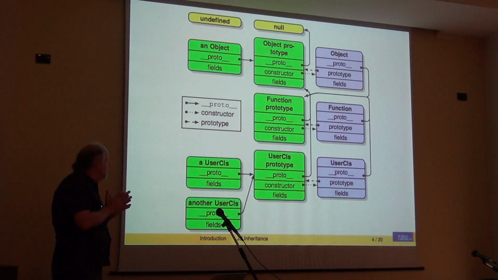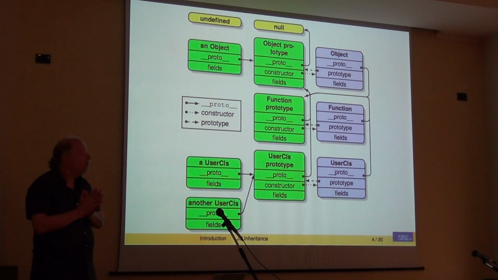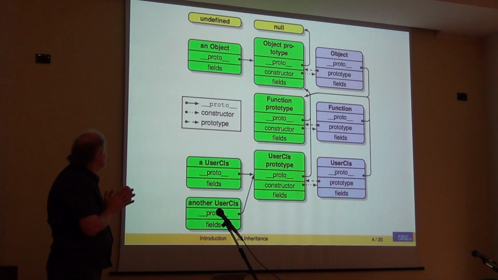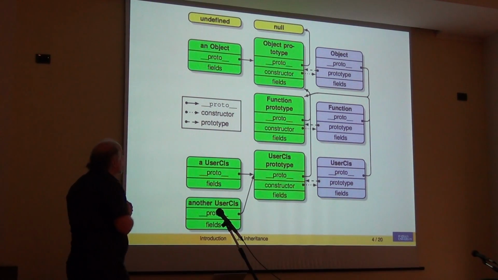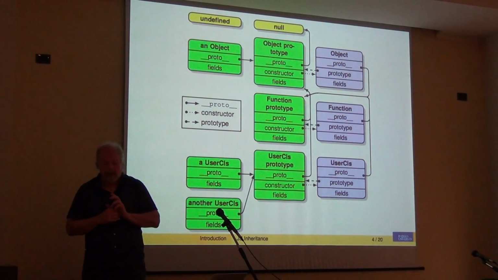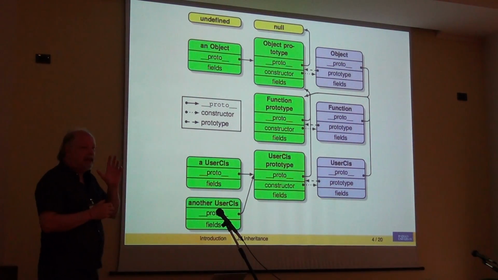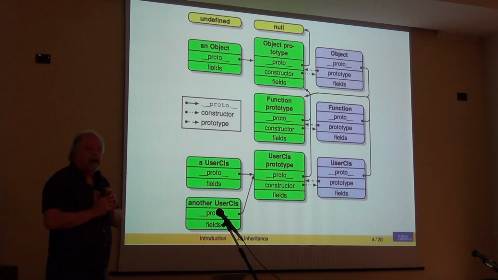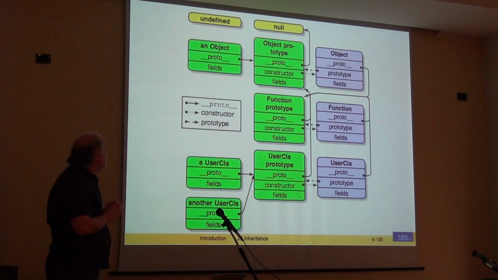This is what the structure looks like for JavaScript inheritance. So there's this thing called object, and it's a function, and it is the class, if you like, of every object in the system.